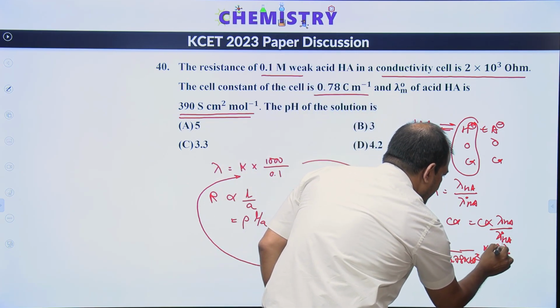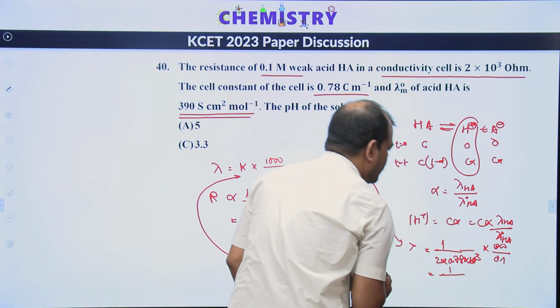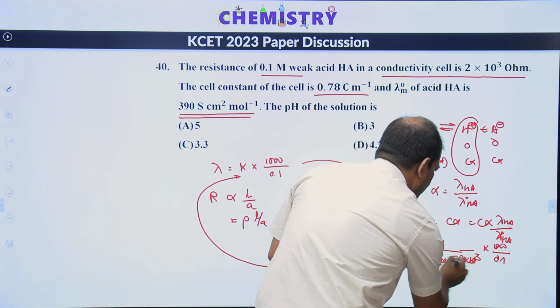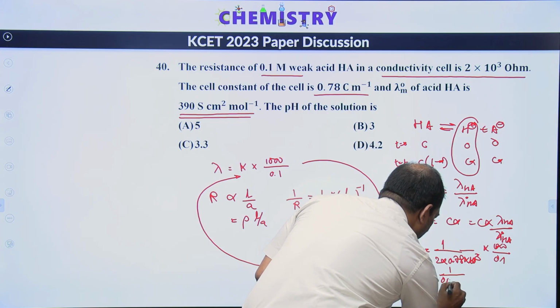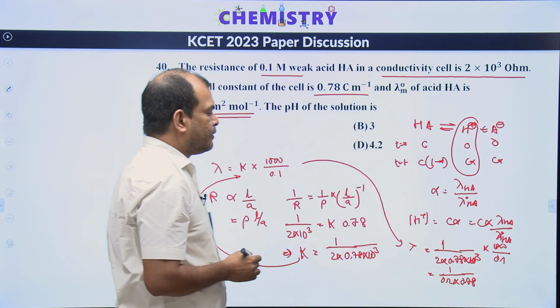This 1000 cancels, therefore it will become 1 by 0.2 into 0.78, that will be the lambda value.